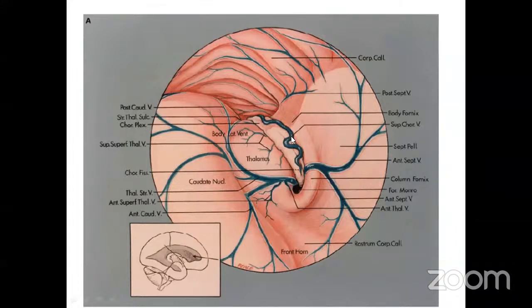We can appreciate the superior choroidal vein, which courses on the choroid plexus in the body. The posterior septal vein crosses the roof and medial wall of the body and passes through the margins of the choroidal fissure.